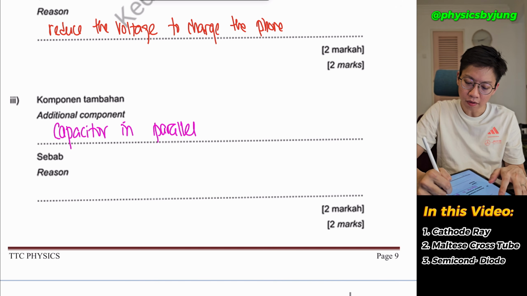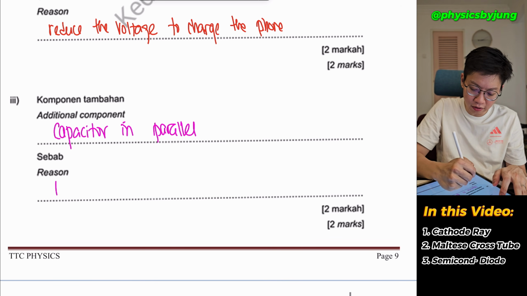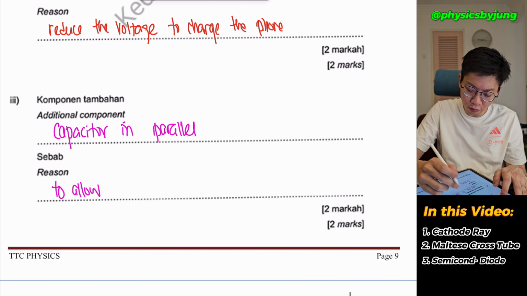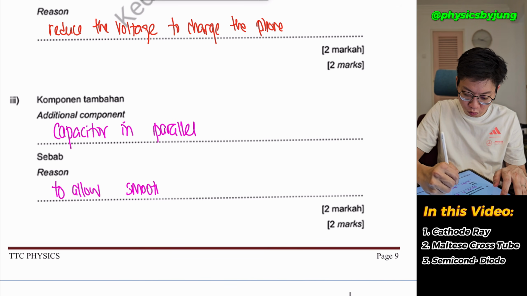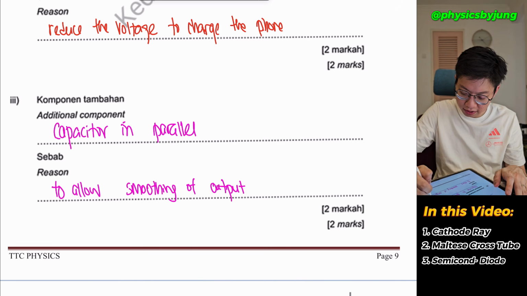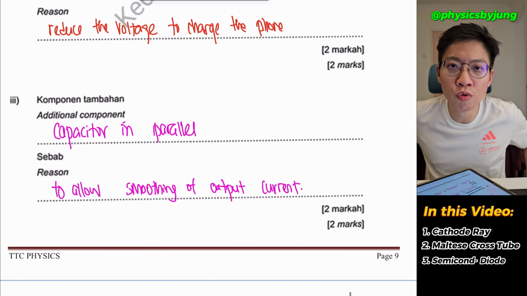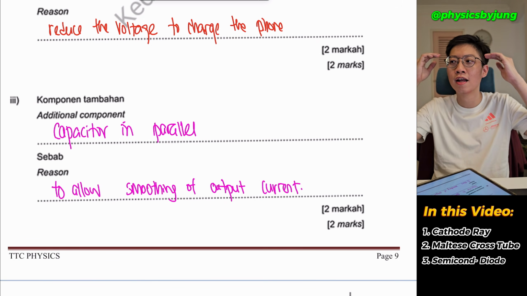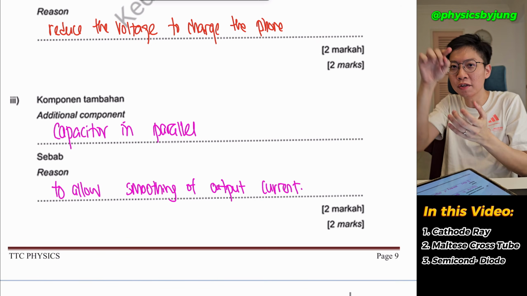Okay, so what's the reason? To allow smoothing of output current.